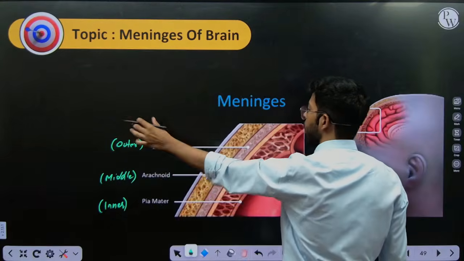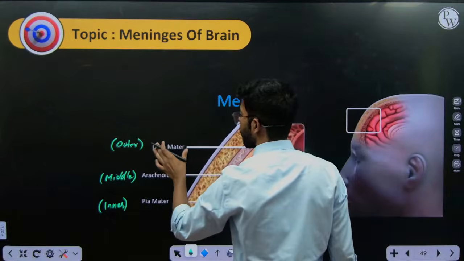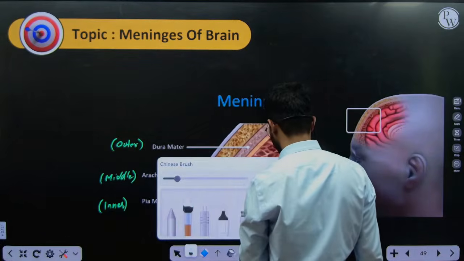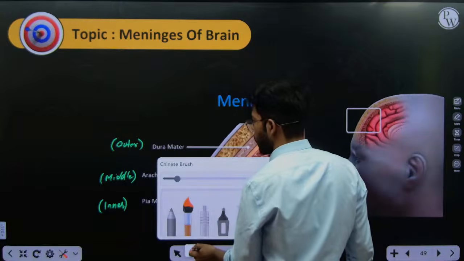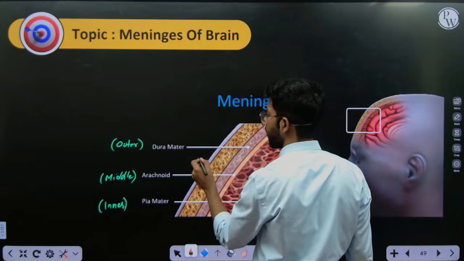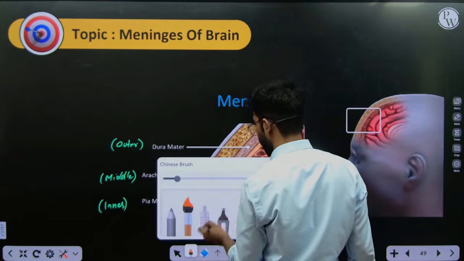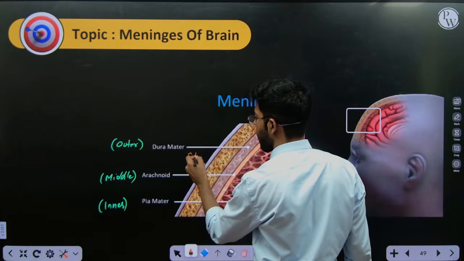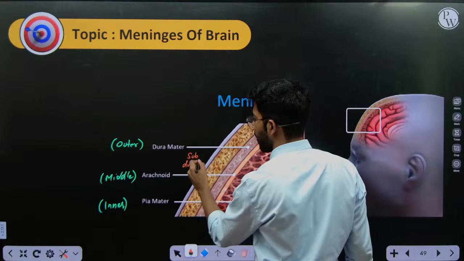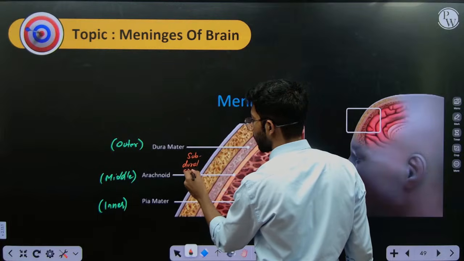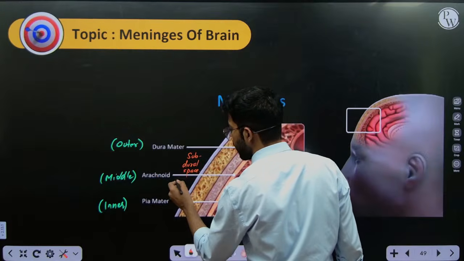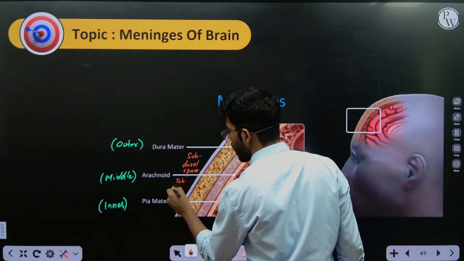In between the dura mater and the arachnoid, the space present is known as the subdural space, and the space between arachnoid and pia mater is the subarachnoid space.